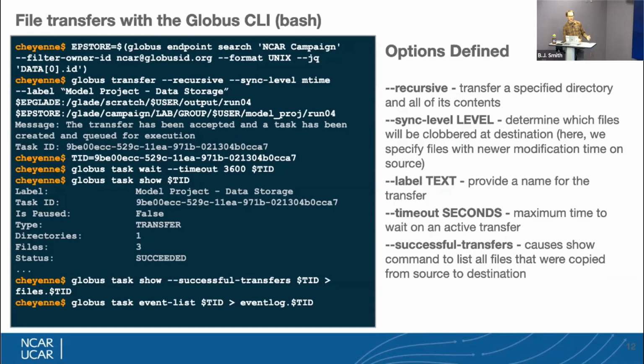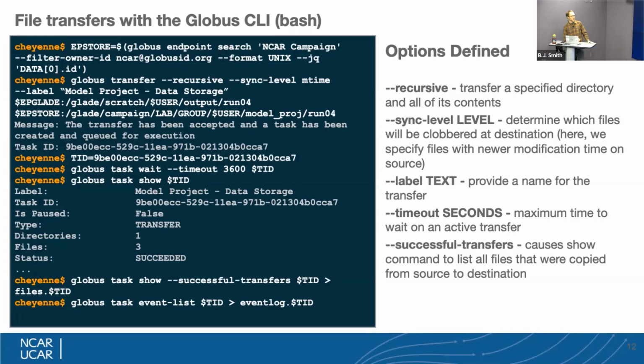So here I could instead say, I think there's an option for creation time. There's an option for any synchronization level, so I don't care if the file already exists and it's the exact same. I think you can do a checksum as well, so it's going to check to make sure that that checksum number is the same. So there's multiple sync levels, and those are documented in the Globus documentation.